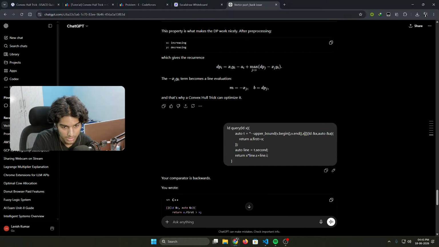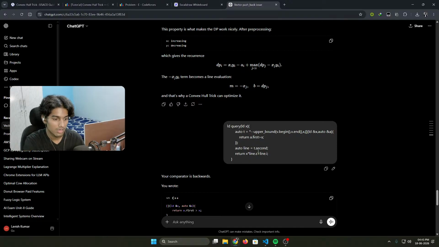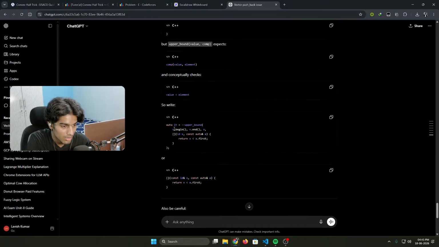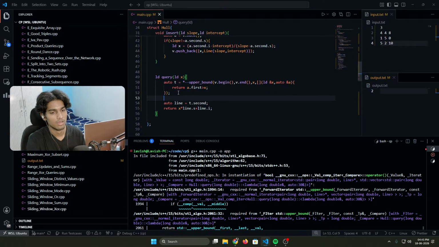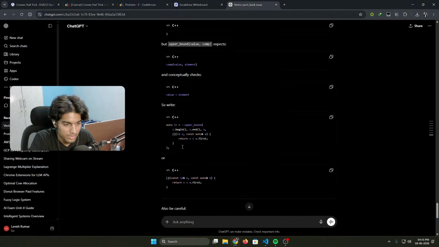What is written here? Begin and x and comparator. It's literally the same thing, no? What's the difference? LDX const.